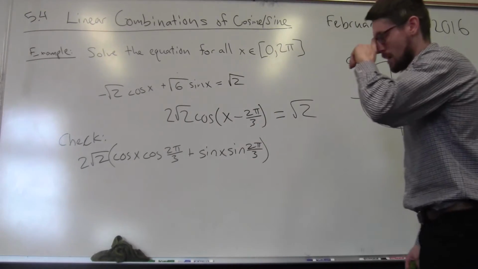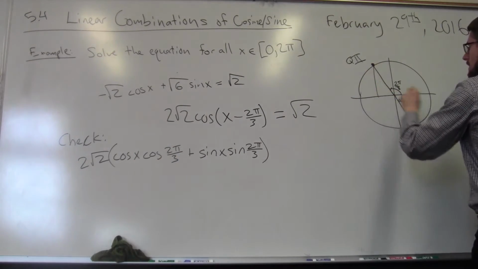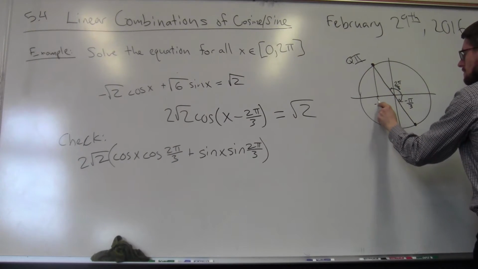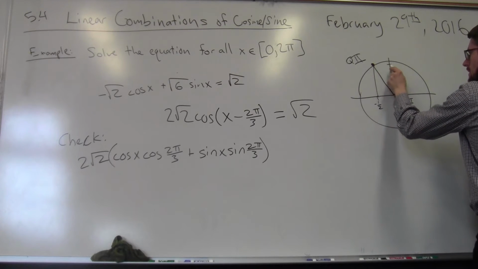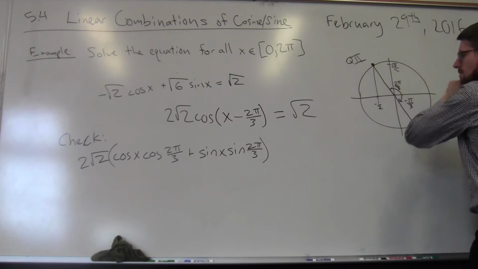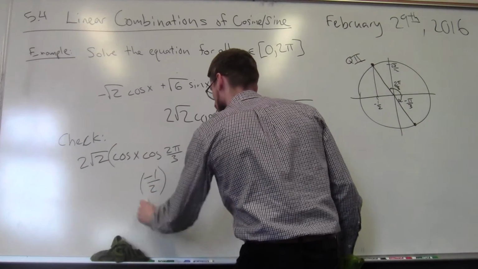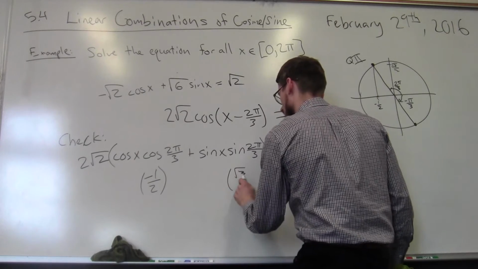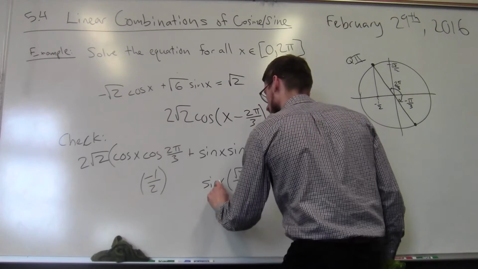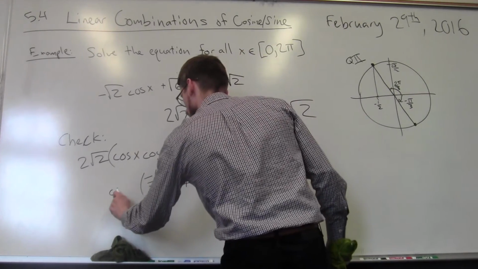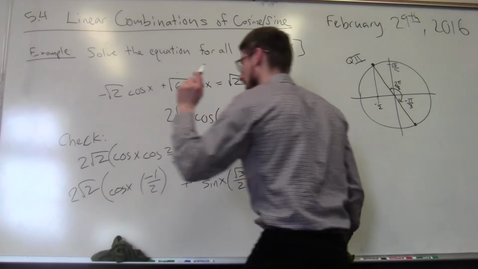Okay, and cosine of 2 pi over 3, this angle right here, is equal to negative 1/2, and the sine is root 3 over 2 up here. So this is negative 1/2 cosine of x, and this is root 3 over 2 sine of x, with 2 square root 2 all in front of that.